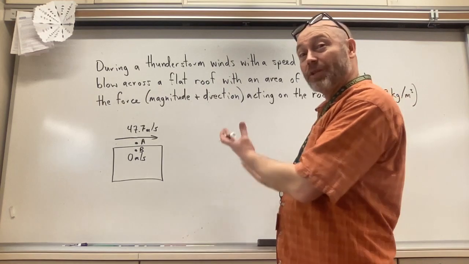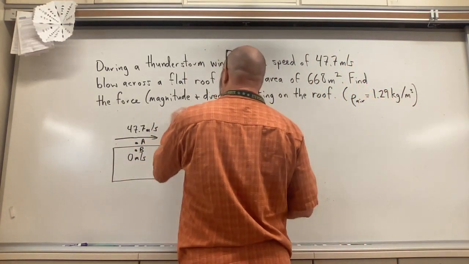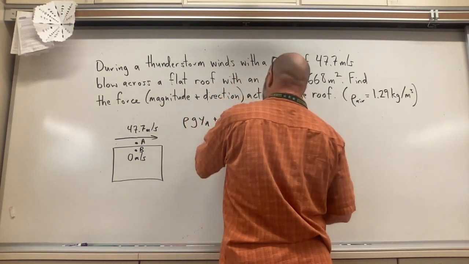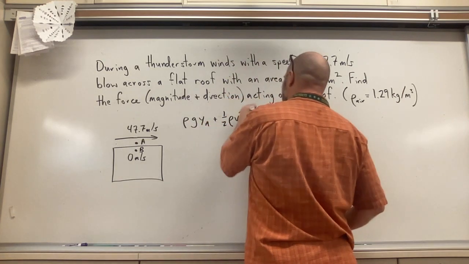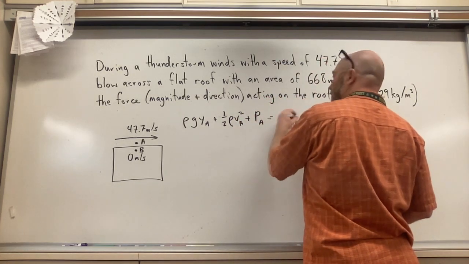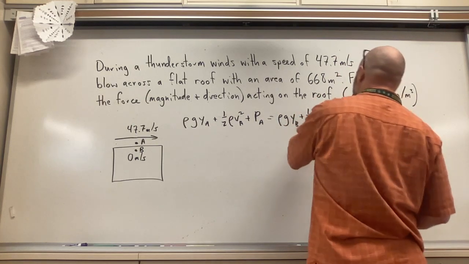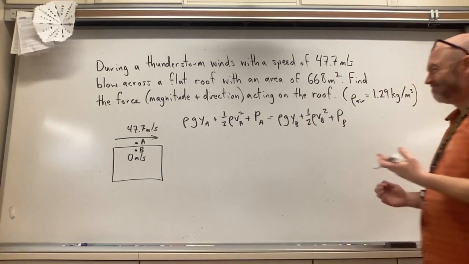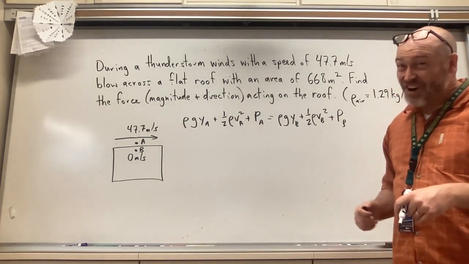So I need to write out my Bernoulli equation. Let's write it out. I'm going to call that A, that B. So rho g y at A plus 1/2 rho v squared at A plus the pressure at A equals rho g y at B plus 1/2 rho v at B squared plus the pressure at B. Now you might be thinking, I don't see force anywhere in this equation, but it's there.